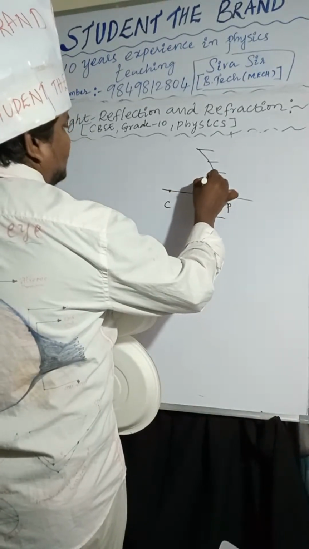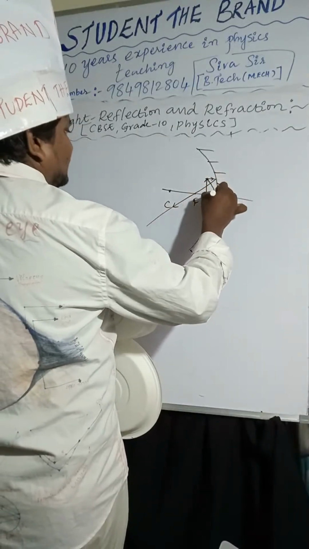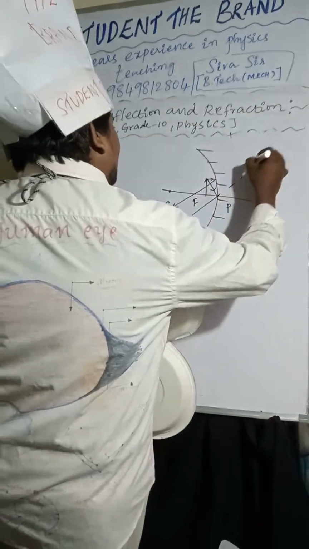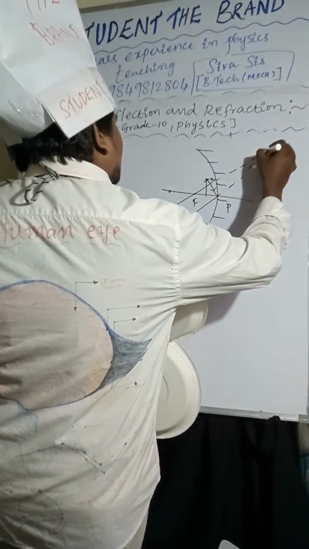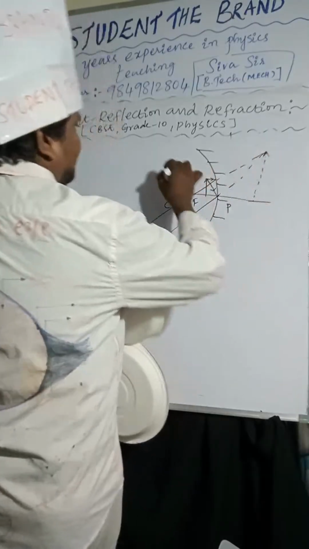If you place the object here, one light ray I am taking passes through the focus. Another light ray is incident at the pole and reflects back. If you extend these light rays, the image will form here.